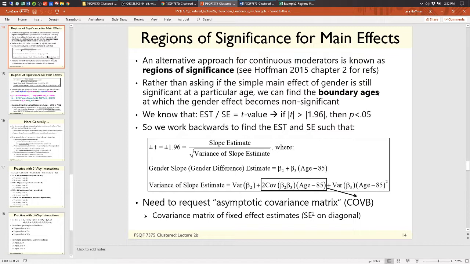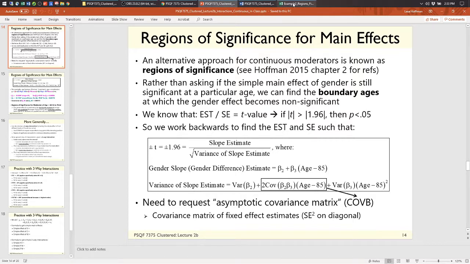Given known t's of plus or minus 1.96, it tries to find the slope that goes with that t. And so then you can figure out the point on the other variable where that's significant or not. It comes from knowing those estimates, because you have to be able to compute what the slope is, and then also its standard error, which comes from this. That's the extra part that you need the information in Cove B to be able to get.